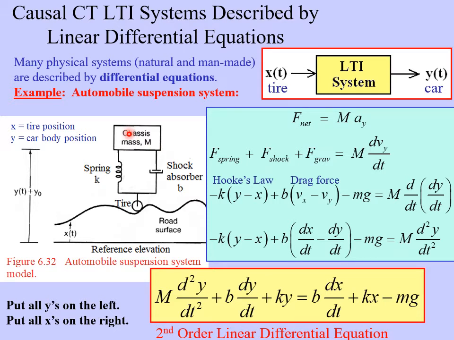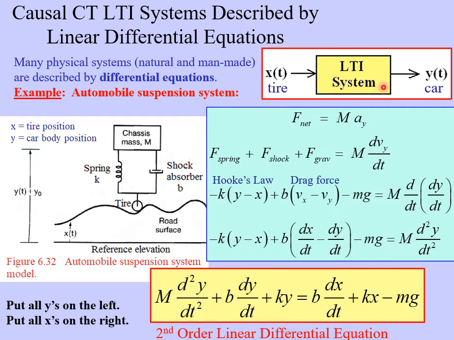And your suspension system consists of basically a spring and a shock absorber. Okay, and these two things work together to give you a nice smooth ride when you're going over bumps. So what we're going to do here, and we're not going to go into this in super great detail, but it's just to show another example of how a mechanical system can be represented by a differential equation.